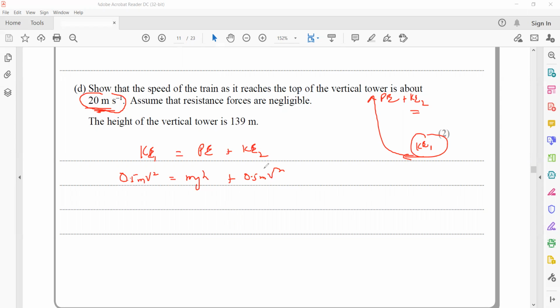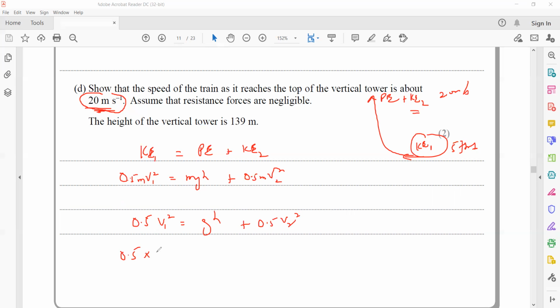But these two speeds are different because the initial speed is 57 meters per second, and at this point the speed is 20 meters per second. So when we substitute, the m is common, so it will cancel out. So we are left with 0.5 v1 squared is equal to gh plus 0.5 v2 squared, and then I substitute the values.